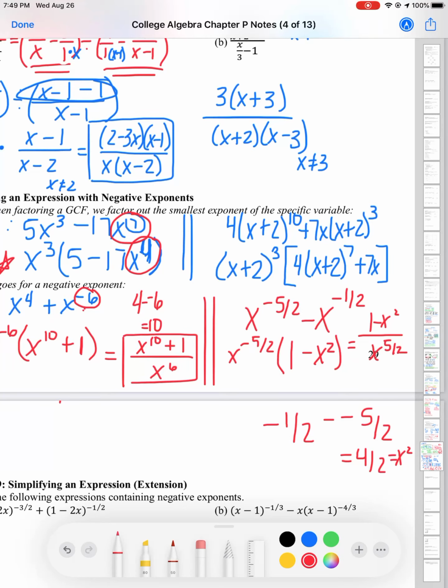So when factoring out a negative exponent, we're just going to subtract exponents to see what we have left from the other exponent. So let's try a couple.